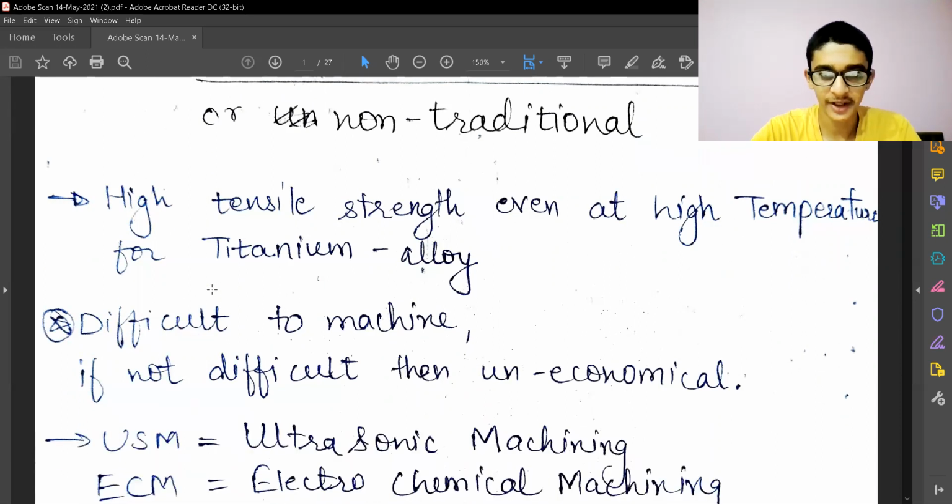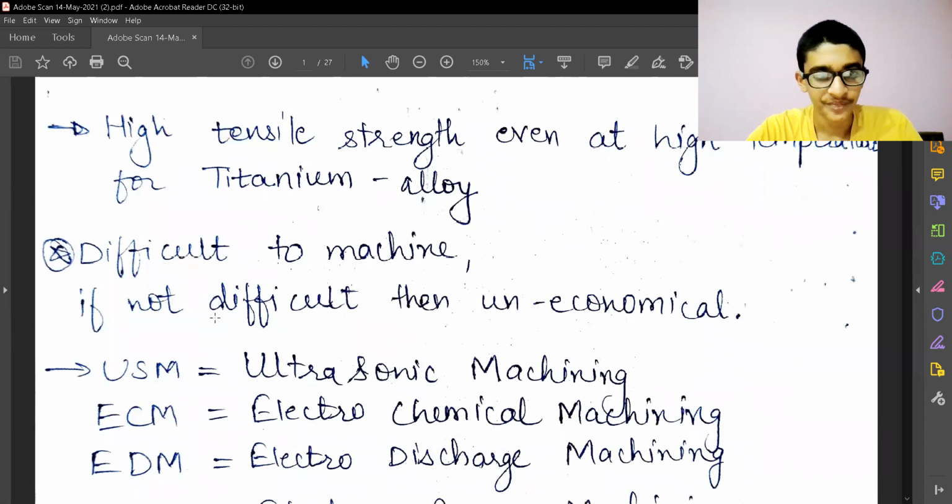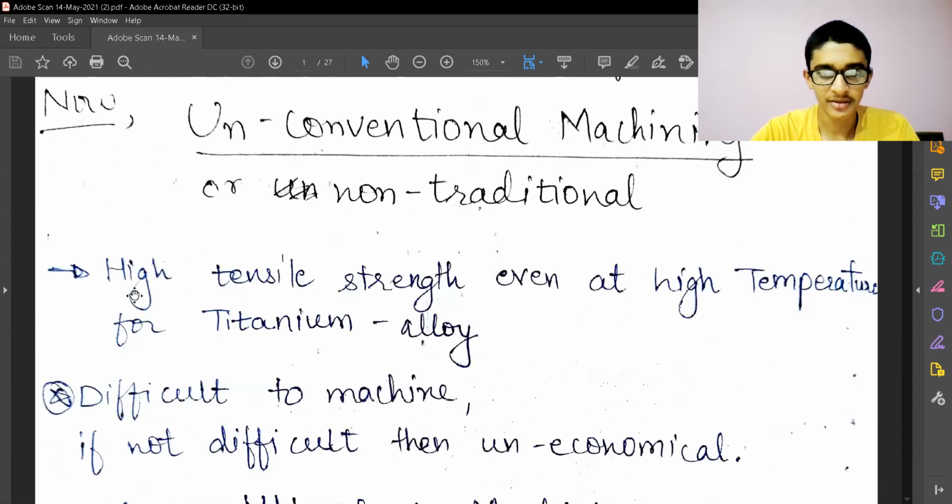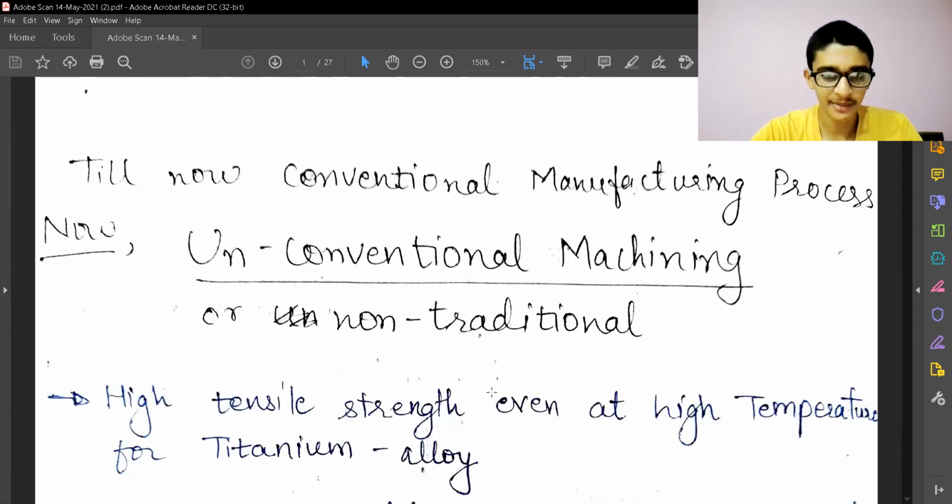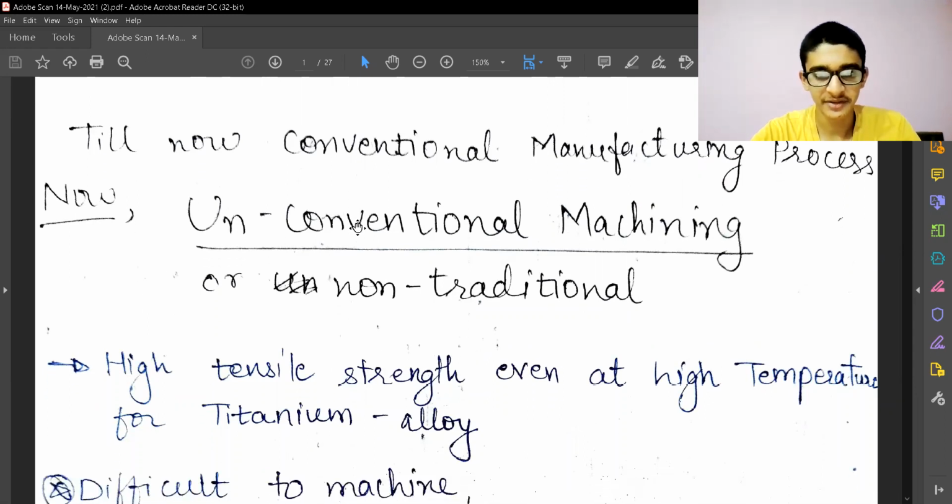So that was not our aim, right? Whatever materials are difficult to machine, or if they are not difficult, are uneconomical to machine using the conventional machining processes, shall be machined by non-conventional or unconventional machining processes.